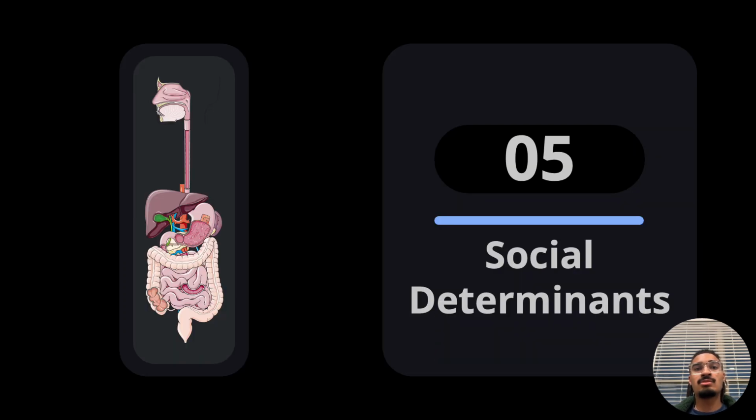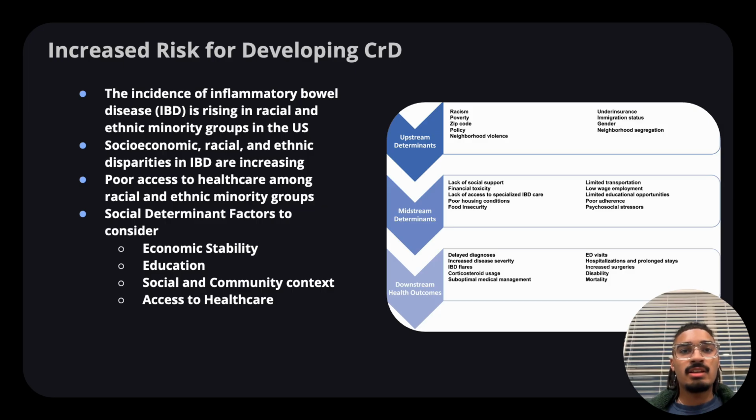Now, I would like to get into the social determinants of Crohn's disease. Concerning the increased risk of developing Crohn's disease, the incidence of inflammatory bowel diseases, including ulcerative colitis and Crohn's disease, is rising in racial and ethnic minority groups in the US. But why would this be? This is due to socioeconomic, racial, and ethnic disparities in inflammatory bowel diseases that are increasing.